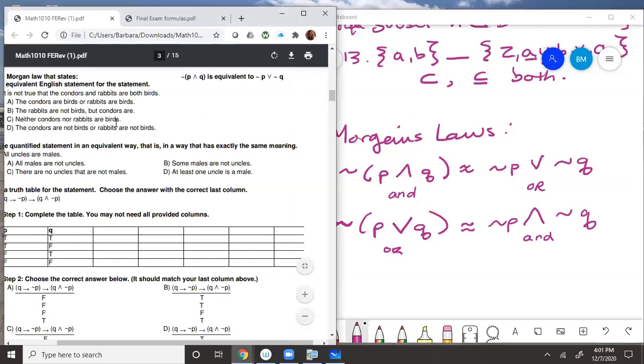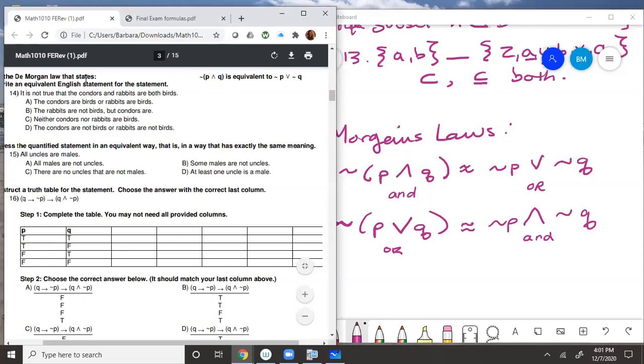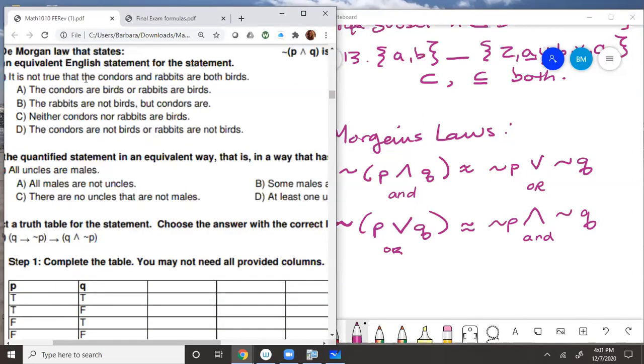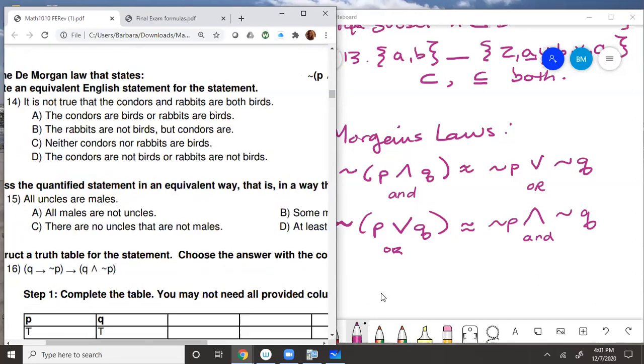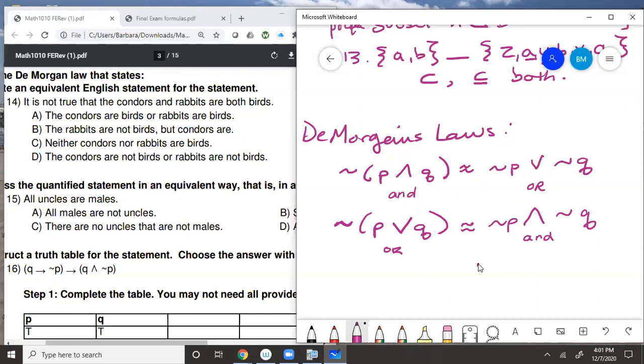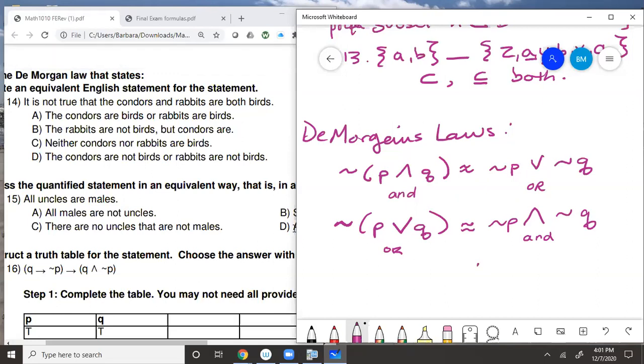So let's see. It is not true that the condors and rabbits are both birds. Now the word is and, so this is the first rule here.